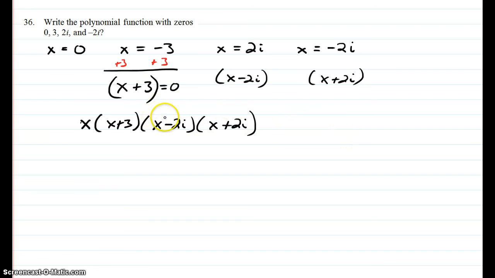So as you multiply these, if you want to do the box method, that's fine, but x and x is going to make x squared. x and 2i is going to give us positive 2xi. Negative 2i and x is going to give us a negative 2xi. I forgot the x there.